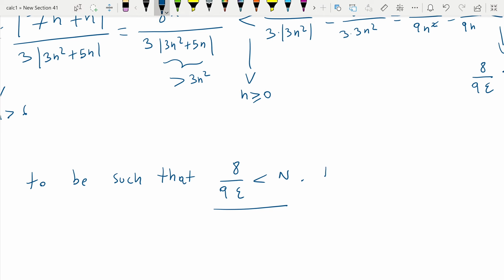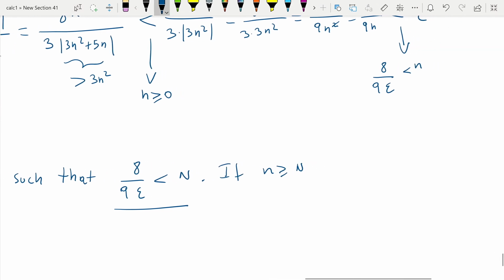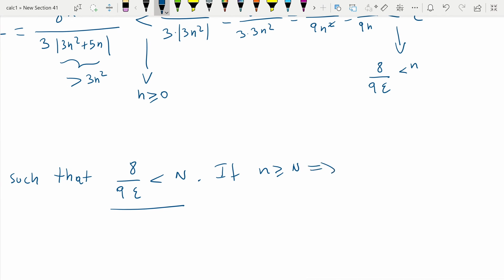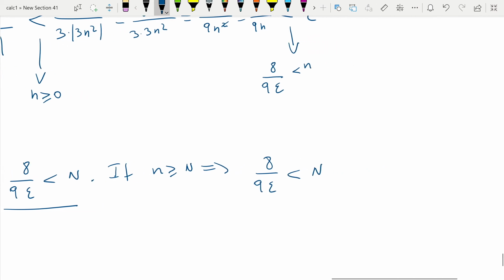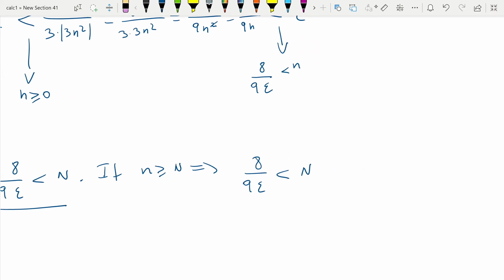So now if n is greater than or equal to N, then certainly 8 over 9 epsilon is going to be smaller than capital N, which is less than or equal to n.